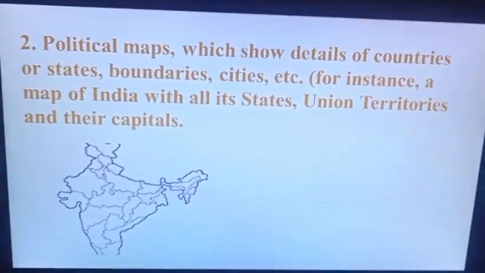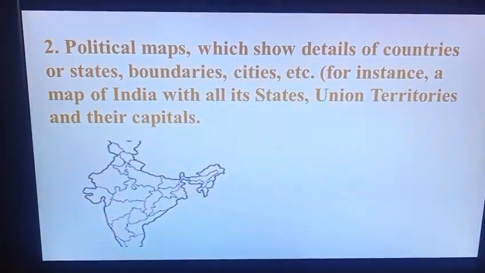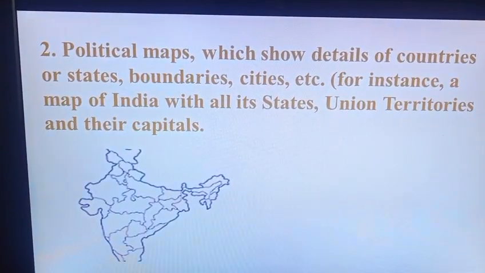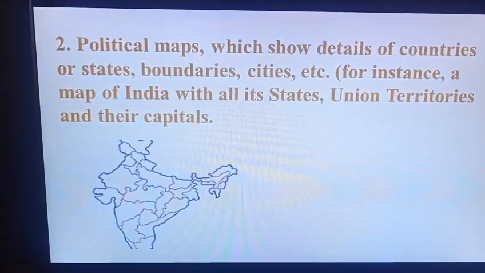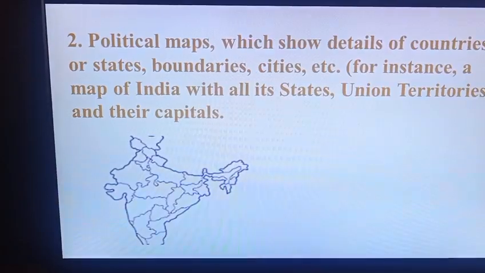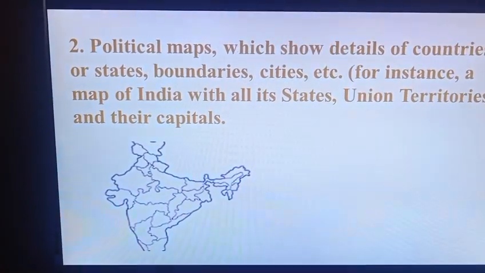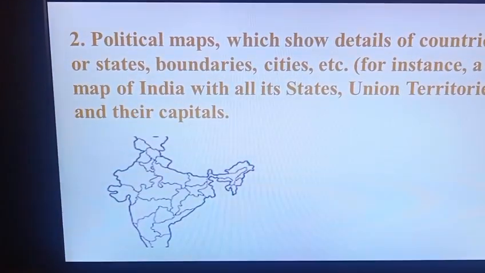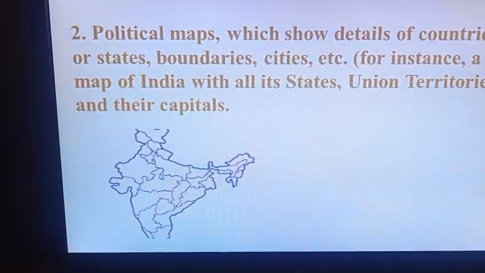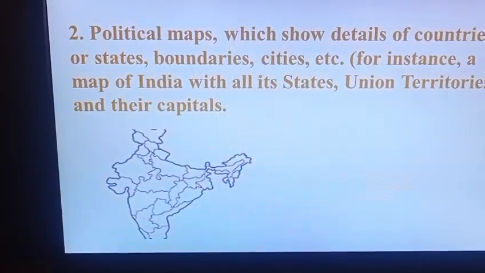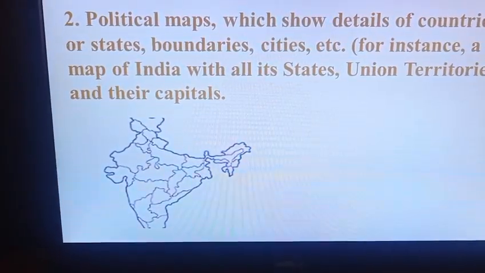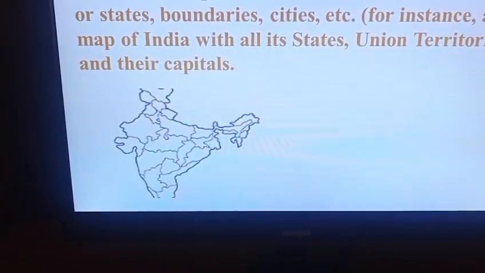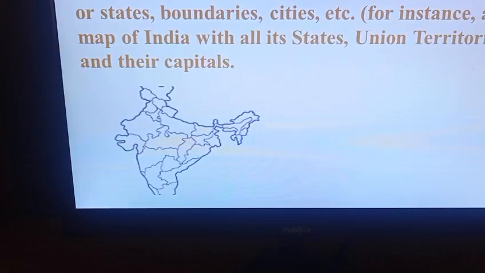Come to the next part, which is the political map. What is a political map? A political map means where we are showing the details of the countries or the states, their boundaries, the cities, etc. In this kind of map we are representing the different political divisions or boundaries, where we can see districts, states, union territories, their capitals.